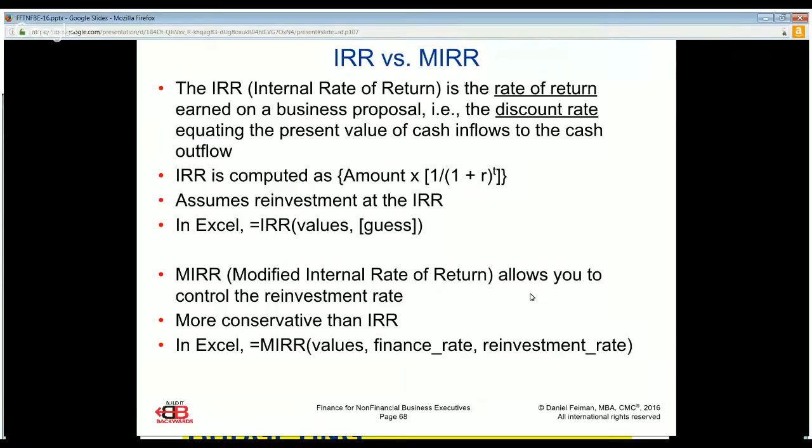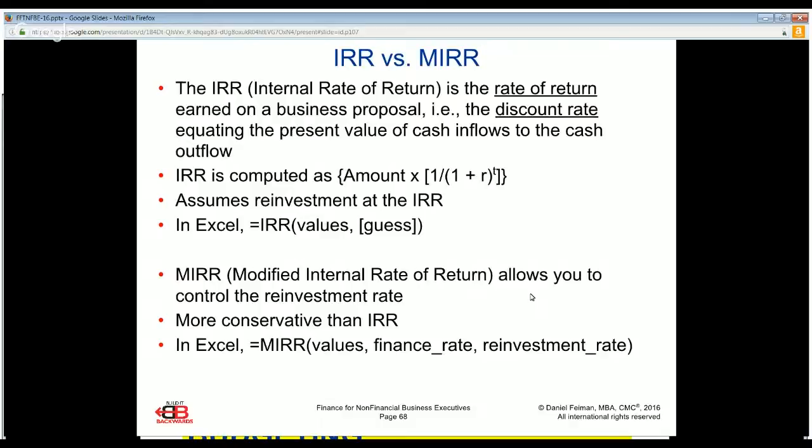And what does that really mean? For a 20-year project, what the internal rate of return assumes and forces us to do is the cash flows that come in at the end of year one are reinvested in something else at the same rate that we're predicting here for the remaining 19 years.